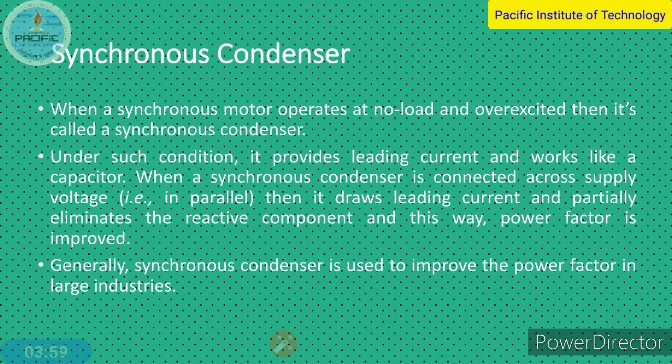The second method to improve the power factor is the synchronous condenser. When a synchronous machine is operated at no load, it is called a synchronous condenser. When it's overexcited, it works like a capacitor, and whenever it's underexcited, it works like an inductor.